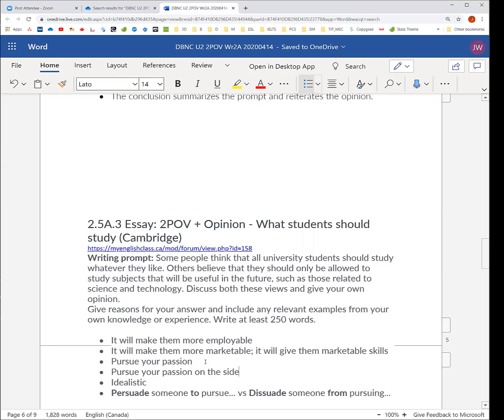But I think that after both of them, I will have some work, because there are some subjects that you can study and you don't have any job after that.